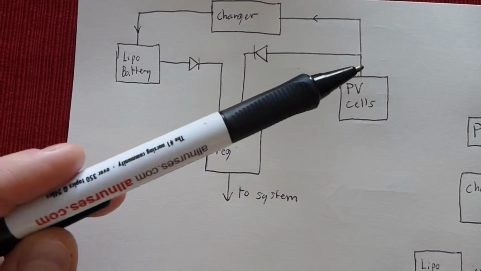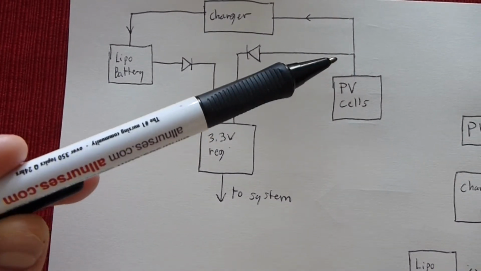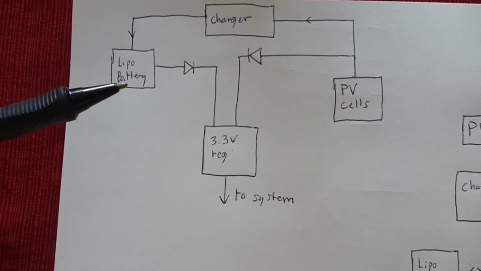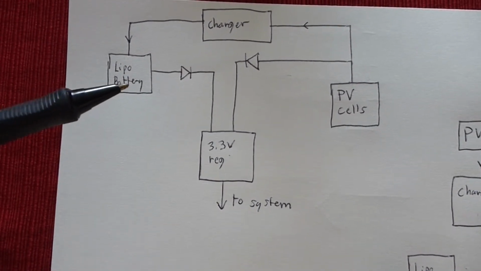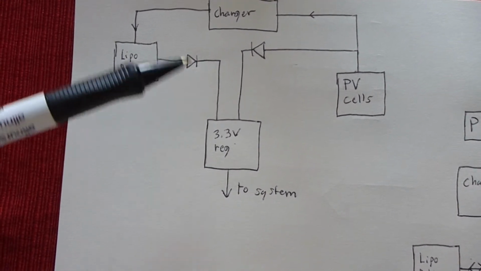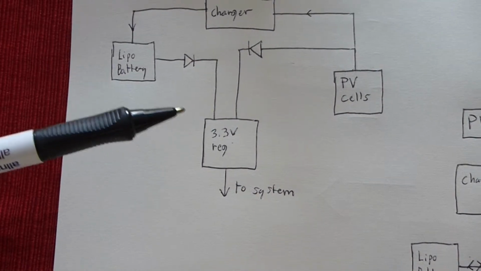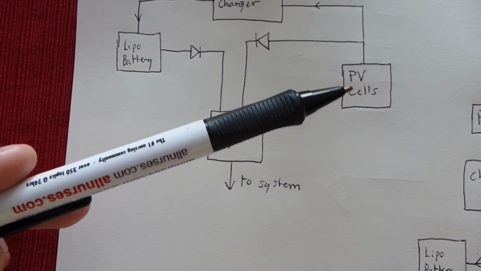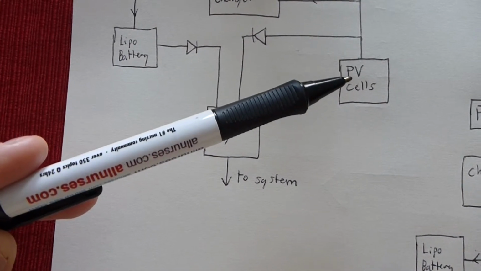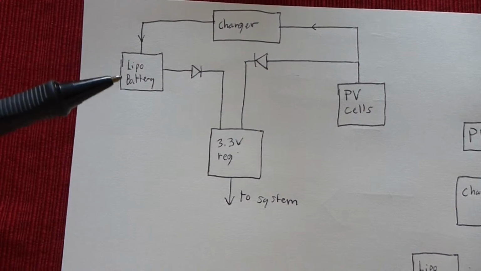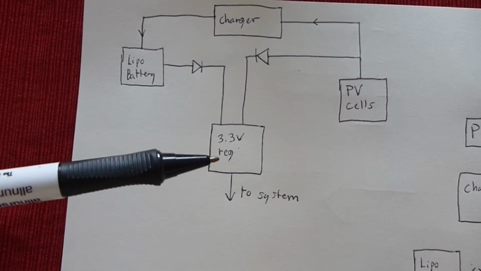Or it simultaneously will drive the charger, which will charge the battery, and simultaneously the battery can drive the system directly through a diode. Okay, and in addition, you will get inherent current flow from the solar cells through the charger to the battery and then through to the system.